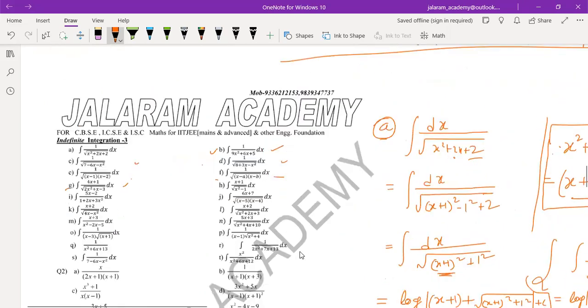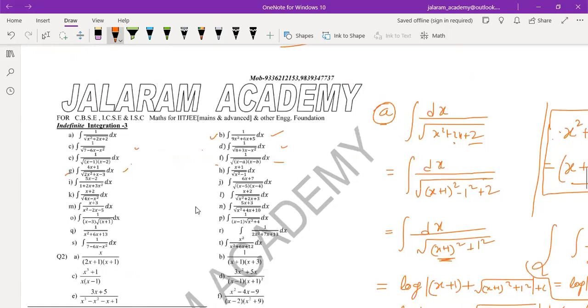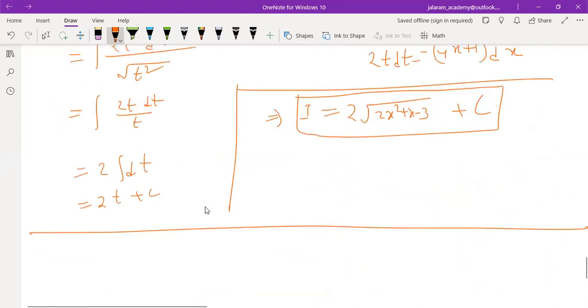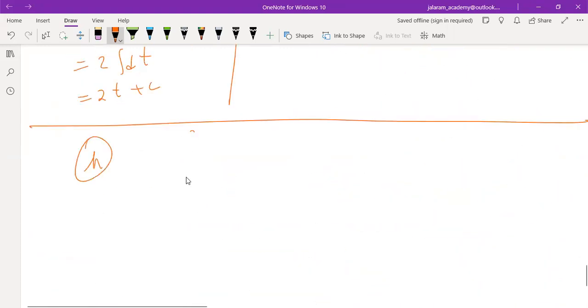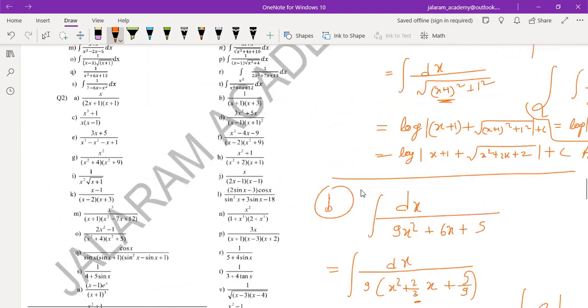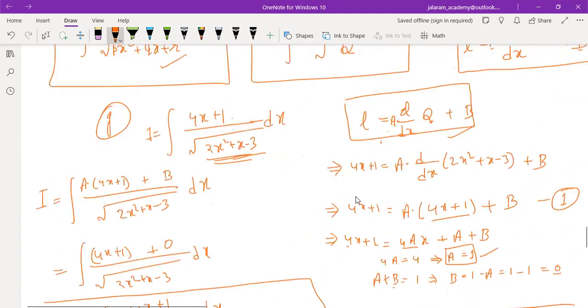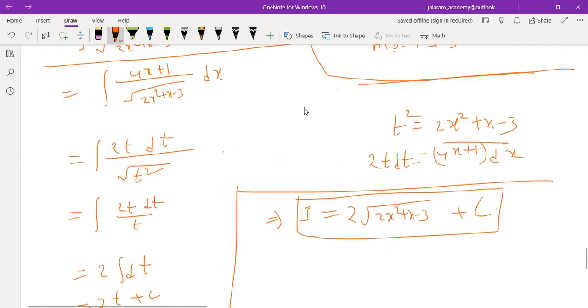Like question number 8. Look at this. I have discussed a general method to solve all these types of questions, though this question you can solve by using these steps only.